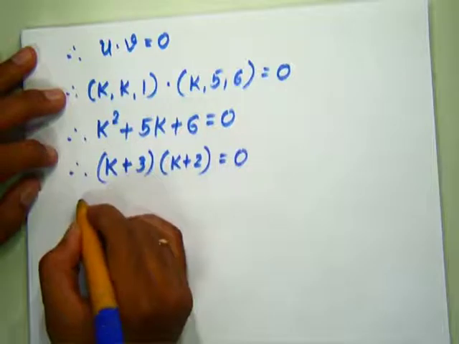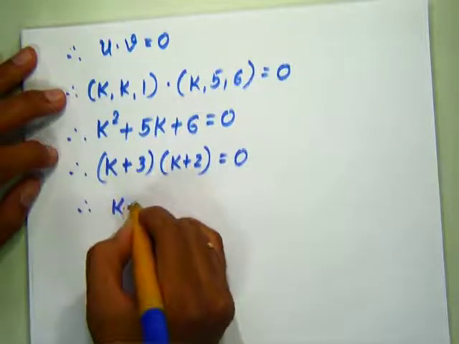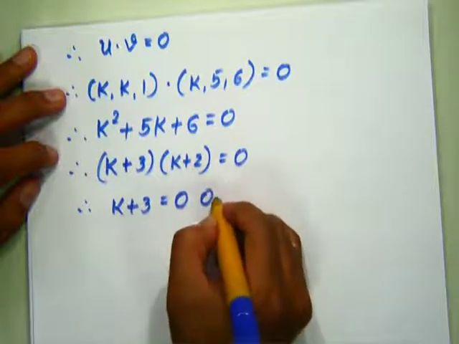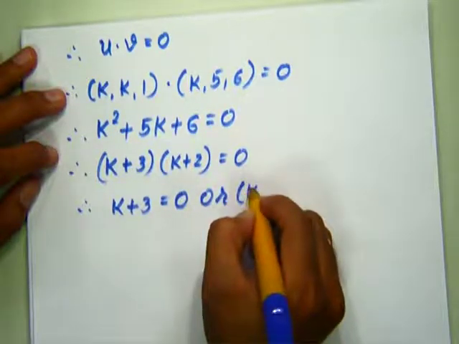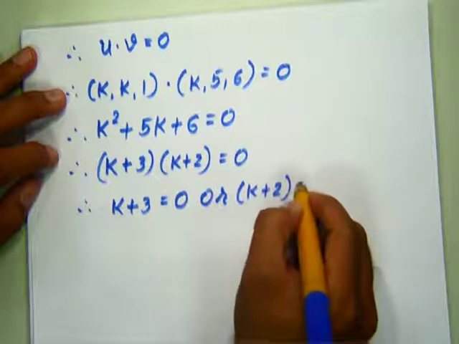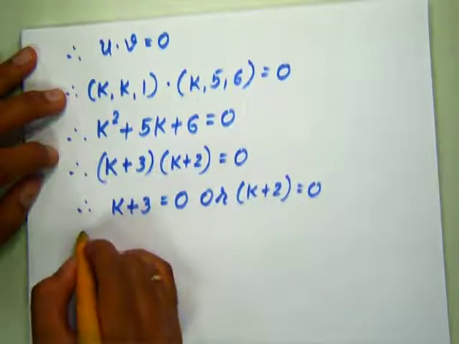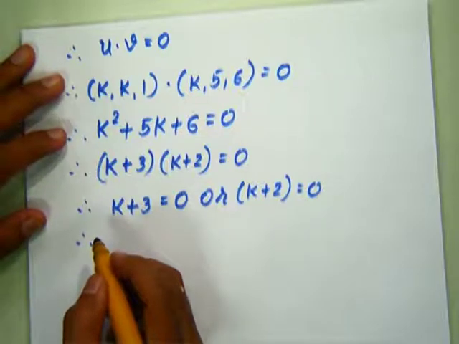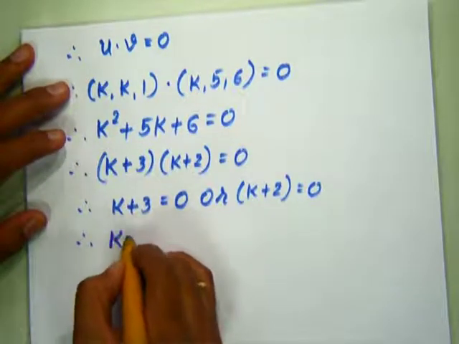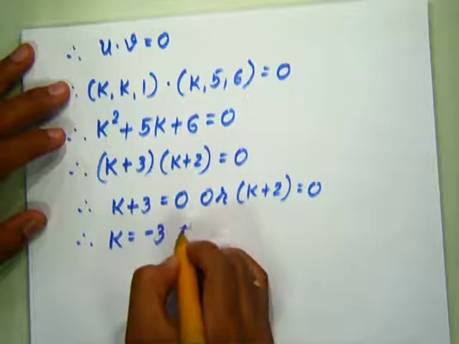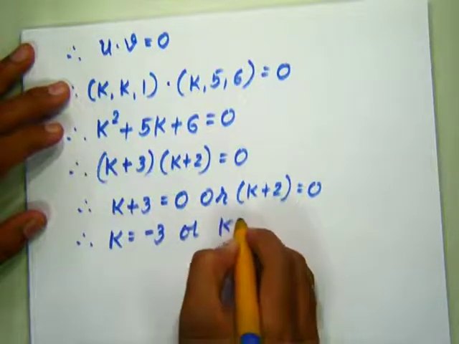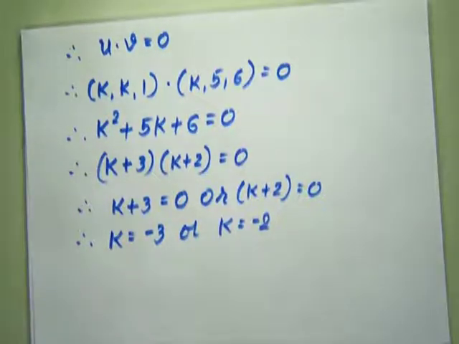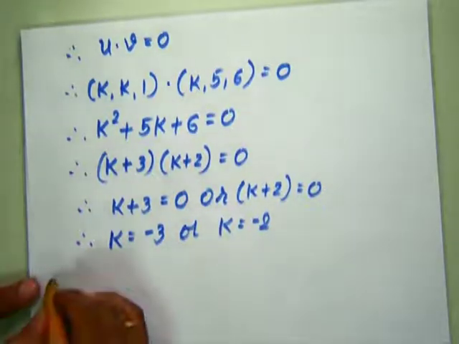So the value of K is either K plus 3 equal to 0 or K plus 2 equal to 0, because whenever you have a product of two real numbers equal to 0, one must be 0. So K is either minus 3 or K is minus 2. For these two values, the given vectors become orthogonal.